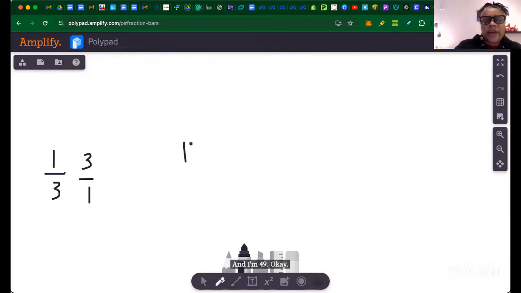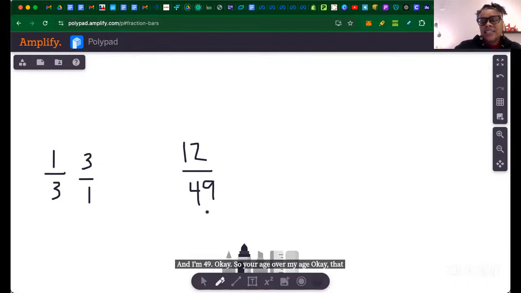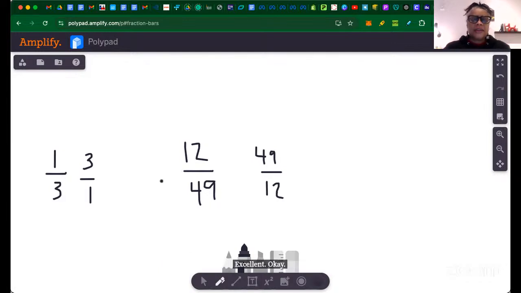So your age over my age, okay, that's 12/49. Tell me the reciprocal of our ages. What's the reciprocal? There you go. So you got it. You got the reciprocal. Excellent.